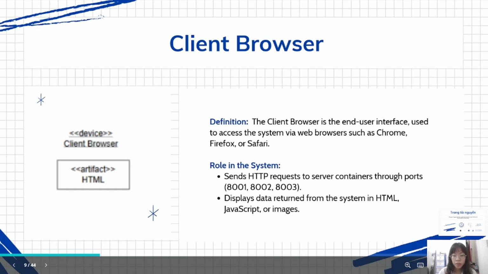A user accesses the system through a web browser and sends HTTP requests to server containers like the application server, image server, or backend for Share Card through a specific port. The browser displays the data received from the system in HTML, JavaScript, or images.